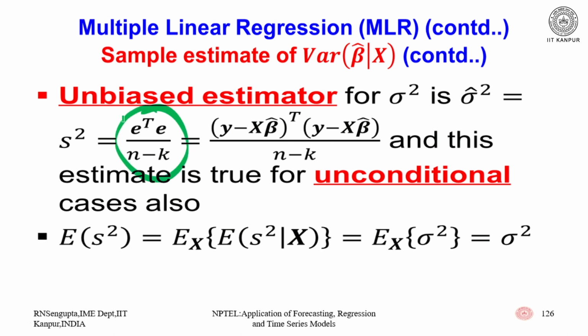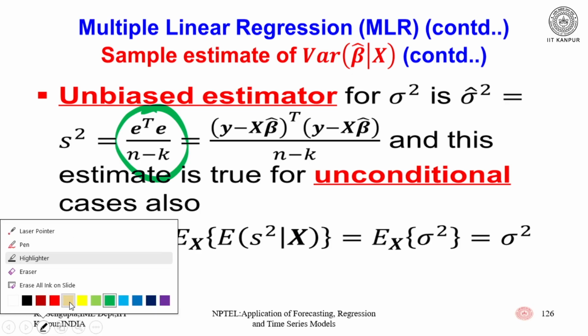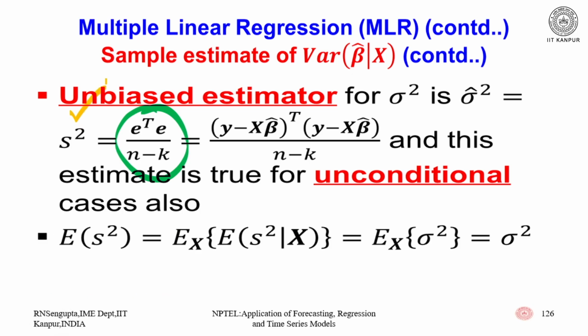We divide the residual square by n minus k, which we denote by s square. So, s square is basically the ratio of residual squares divided by n minus k, and if I find the expected value of s square, it is unbiased because we will get sigma square.